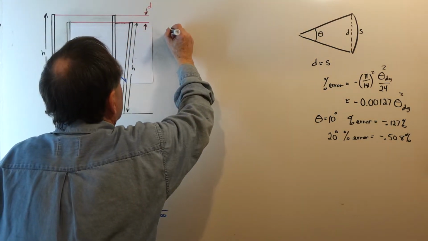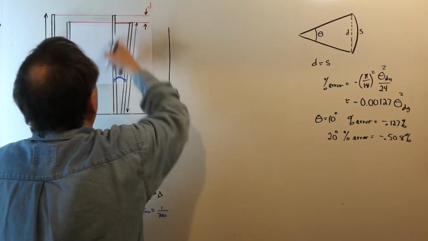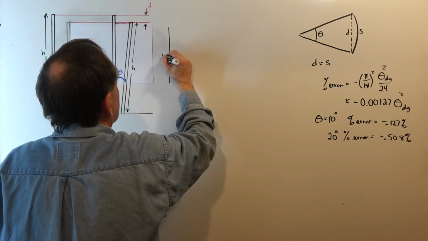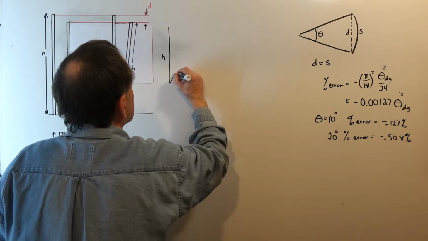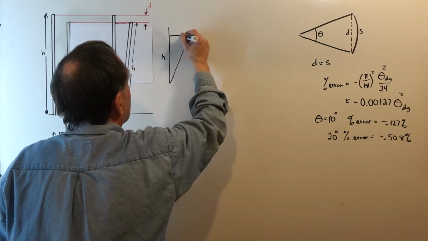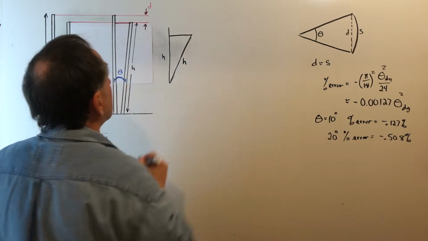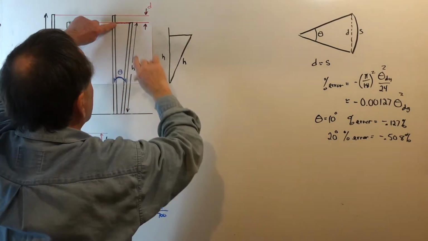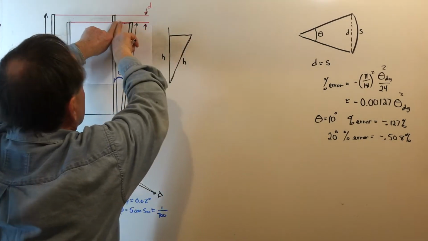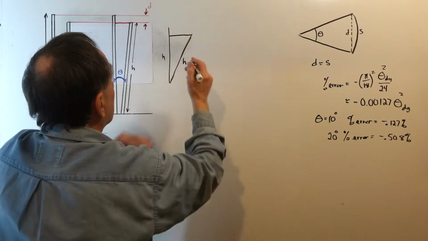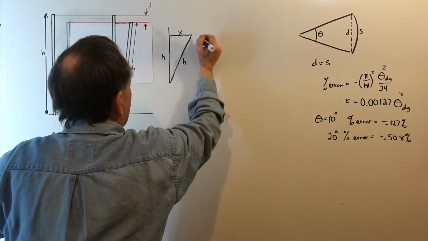triangle here. If this is the vertical pole of height h, and this is our tilted pole, it has also length h, and the difference in the distance between them now, because one of the poles is tilted, we'll call this x.